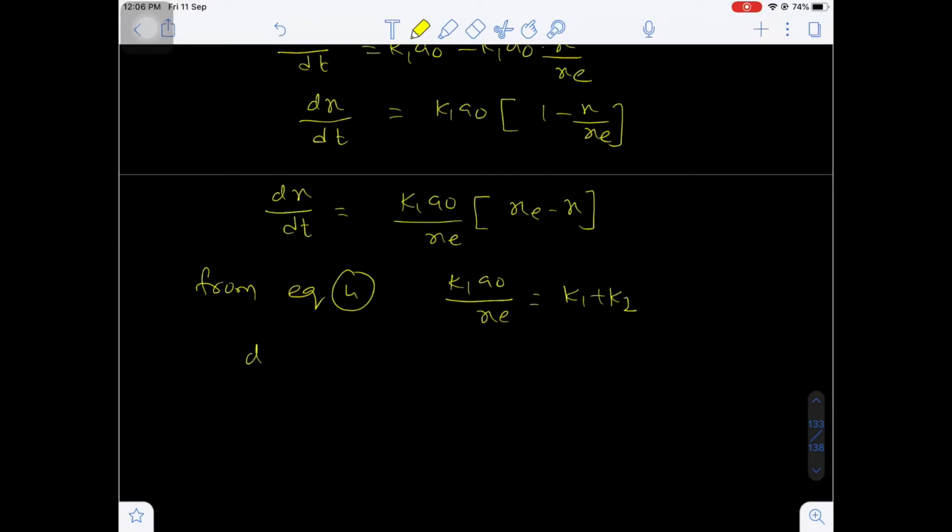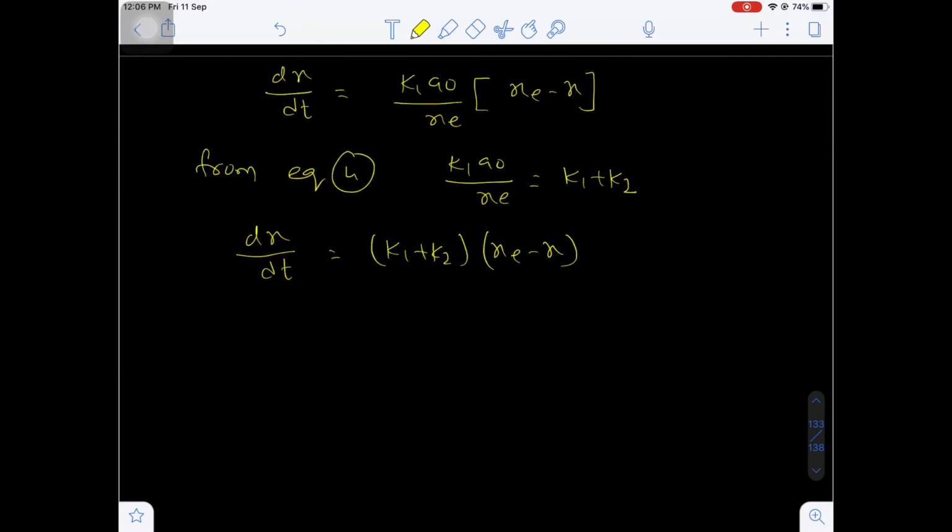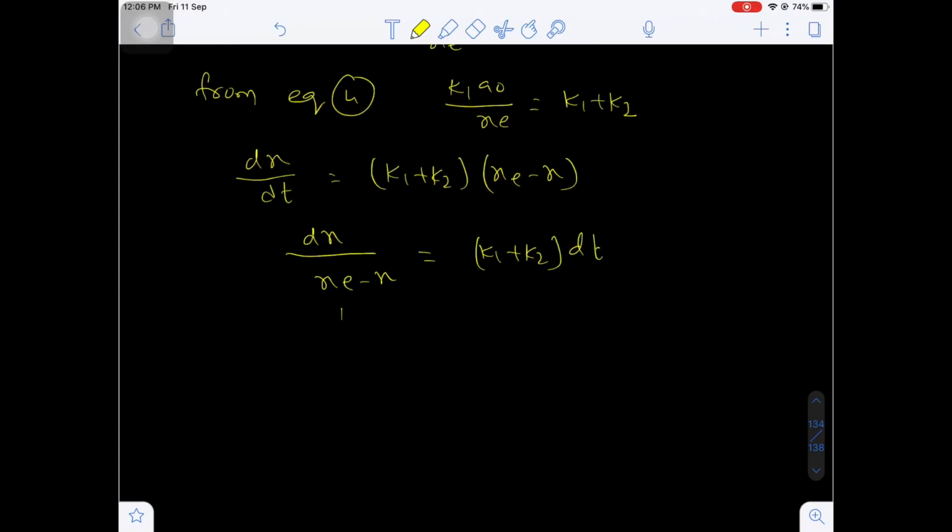So I am writing dx by dt equal to k1 a naught by xe, which is k1 plus k2, into xe minus x. Now bring the x terms to one side, so you will get dx by xe minus x equal to k1 plus k2 into dt. Now integration on both sides.